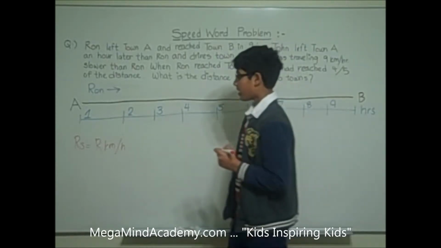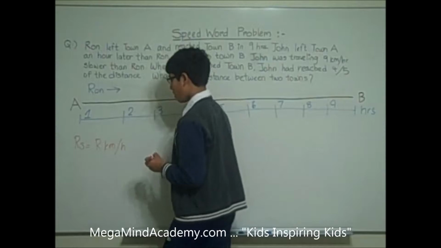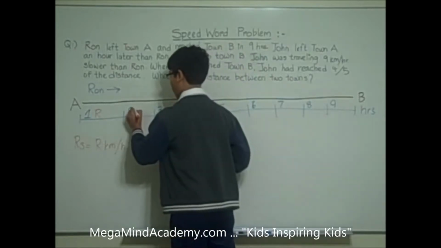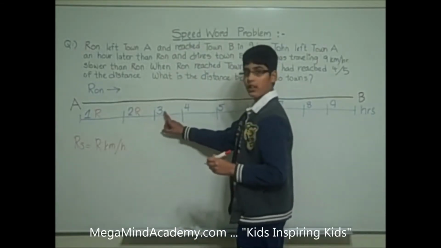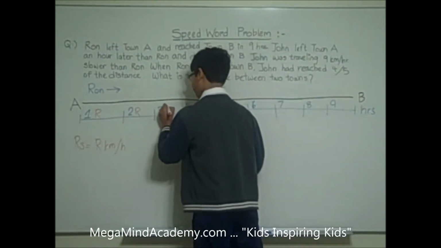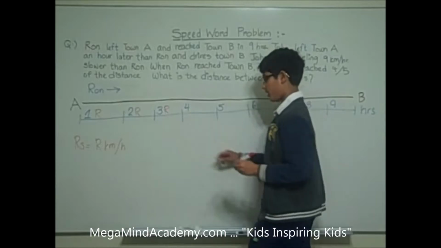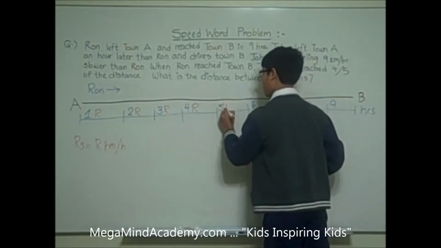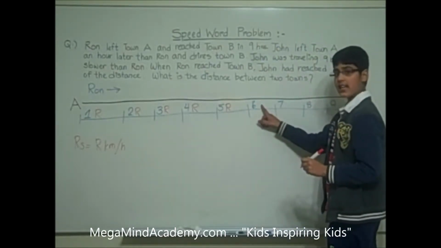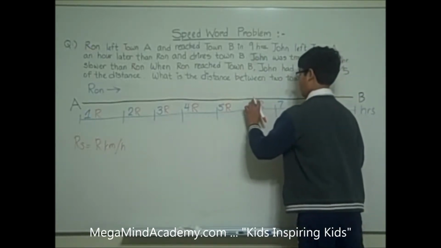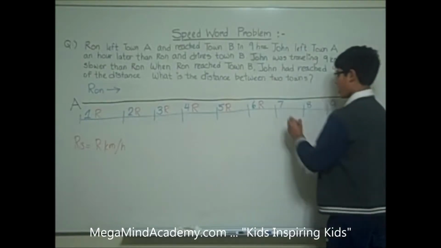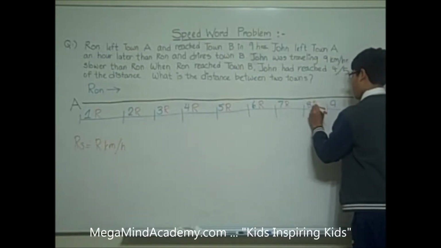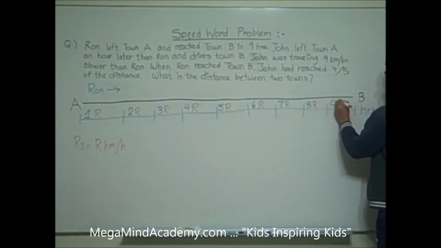So this means that Ron traveled in 1 hour, 1R kilometers, in 2 hours, 2R kilometers, in 3 hours, 3R kilometers, in 4 hours, 4R kilometers, in 5 hours, 5R kilometers, in 6 hours, 6R kilometers, in 7 hours, 7R kilometers, in 8 hours, 8R kilometers, and in 9 hours, 9R kilometers.